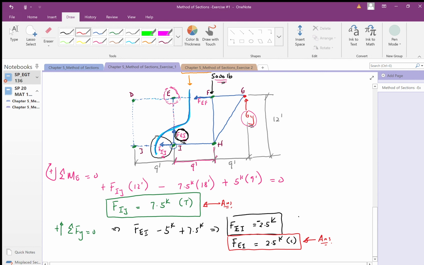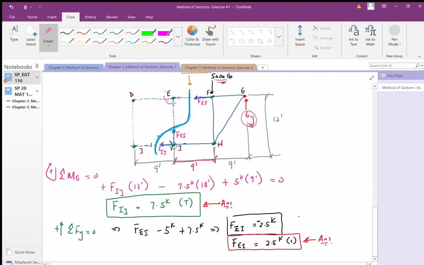So the takeaway for this particular series, in terms of your method of sections, is you're just trying to isolate the members that you're interested in, and that's why you create a sectional cut. When you do so, you're just evaluating those members of interest to you.